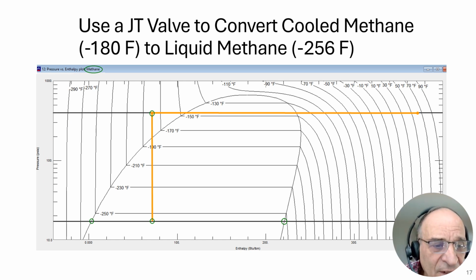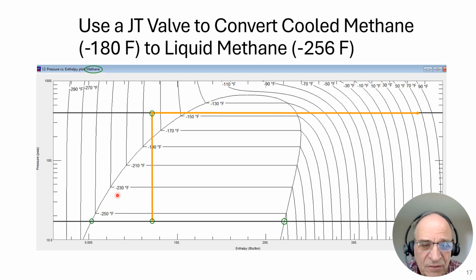In this case, this is a logarithmic scale on the vertical axis. So this is 100 psi, 200 psi, 300 psi, 400 psi is what I'm working at. I'm bringing this vapor to be a saturated vapor, condensing it down to be a saturated liquid, cooling it down further to become a subcooled liquid, then going across a JT valve, and in doing that, I drop in temperature from minus 180 down to minus 256, which is here.